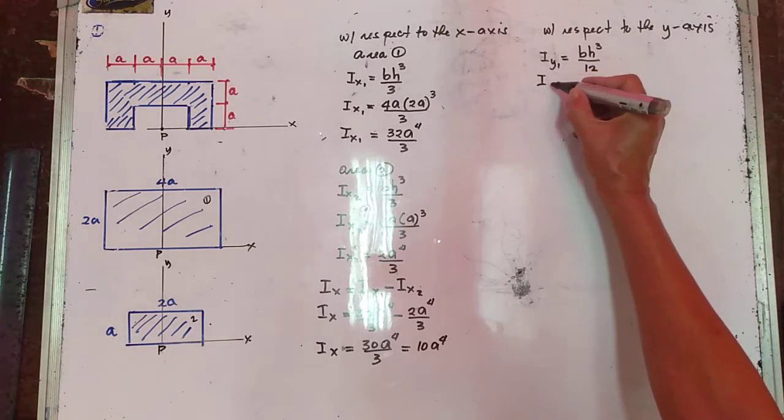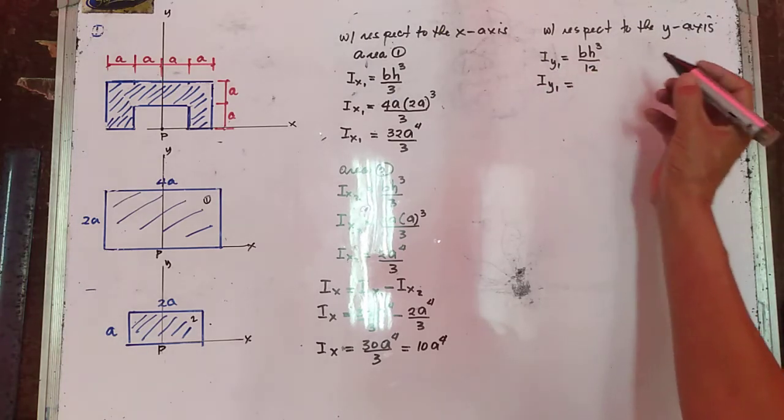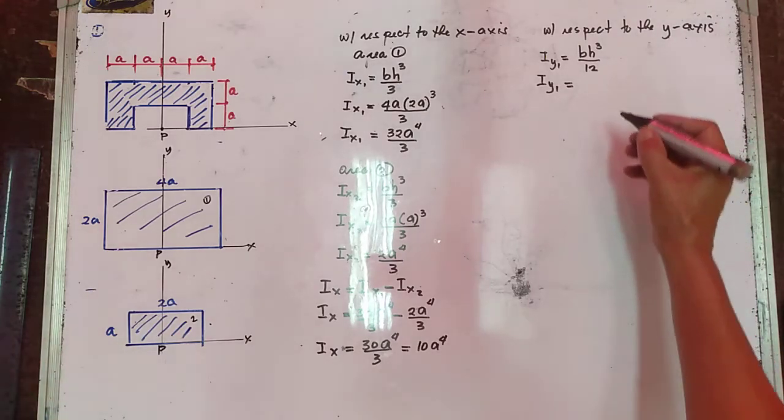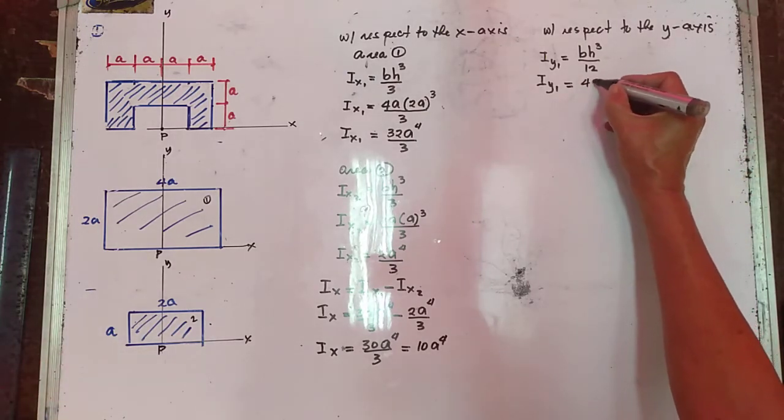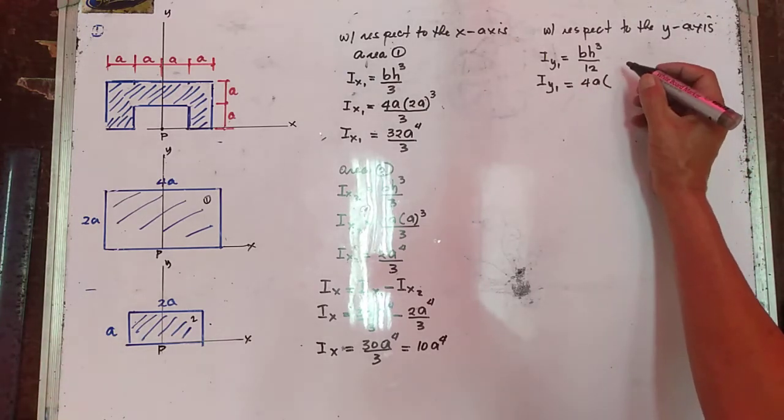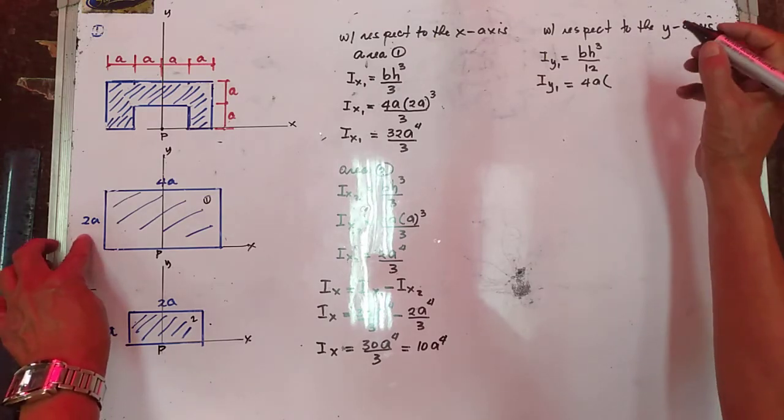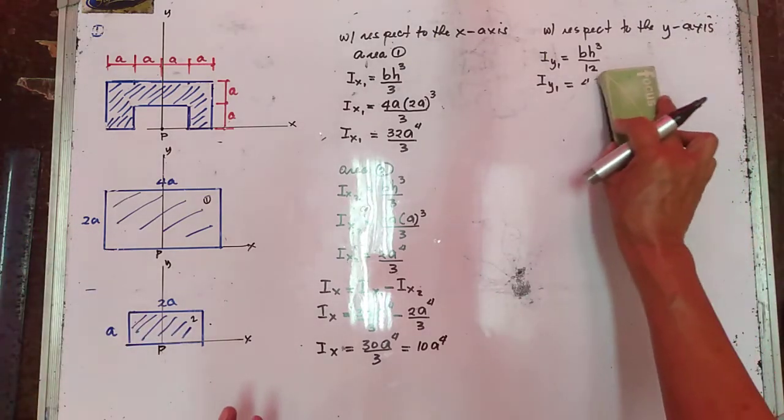So we have your Iy1 is equal to B, which is equal to 2A, multiplied by 4A cubed all over 12.